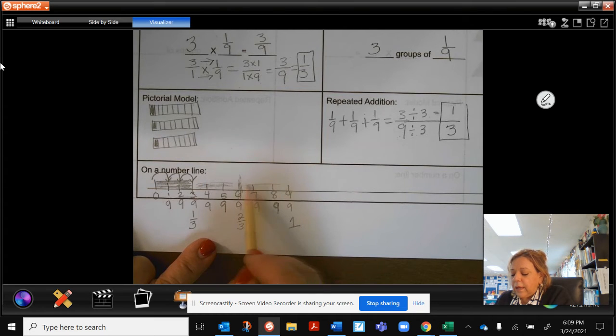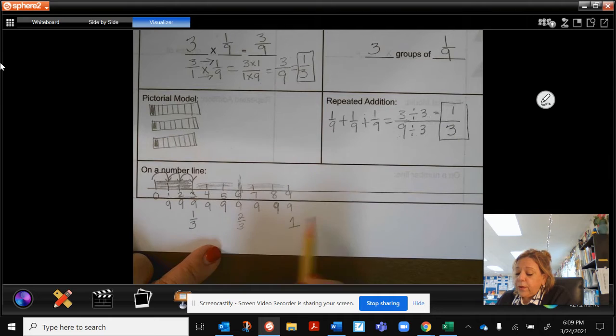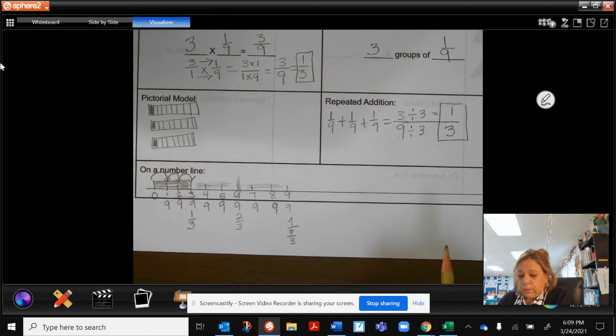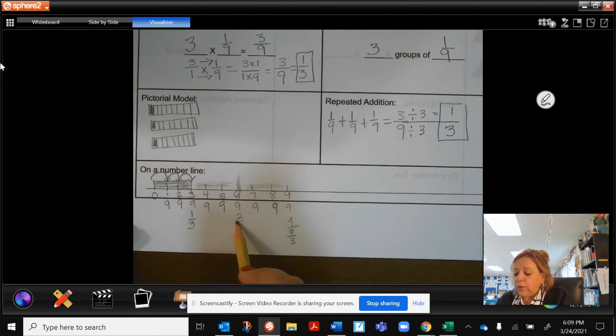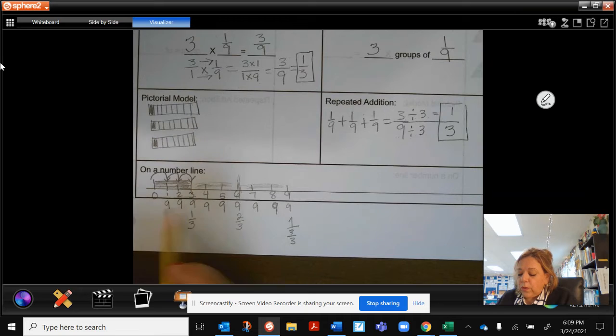And at the end, I have 3/3, because it still equals 1. So I went from 1/3 to 2/3 to 3/3. So 3/9 is 1/3, and that's what you will represent. All right, let's look at the next problem.